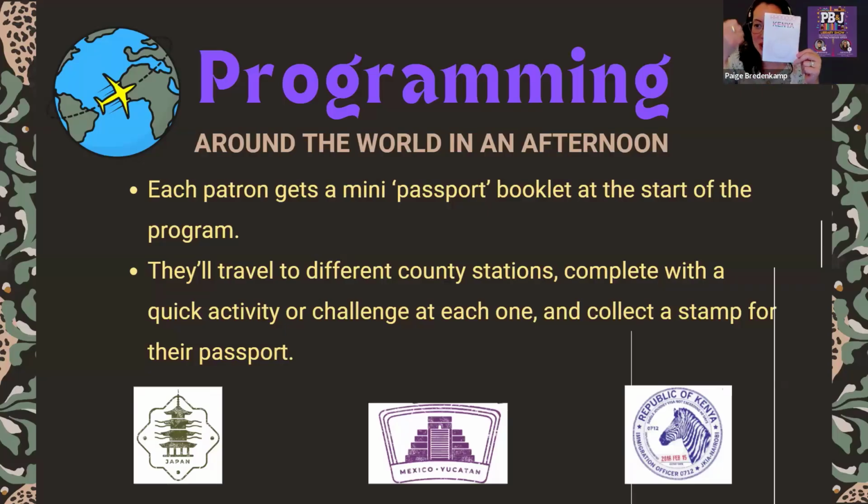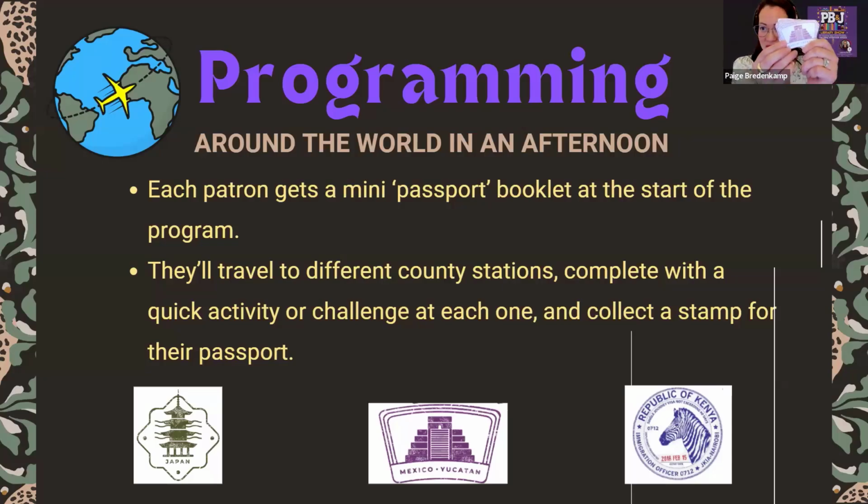Instead of an actual rubber stamp, which would be super fun, I created these printable cutouts that you'd be able to tape onto the passports. There's different ones. This one is for Kenya.